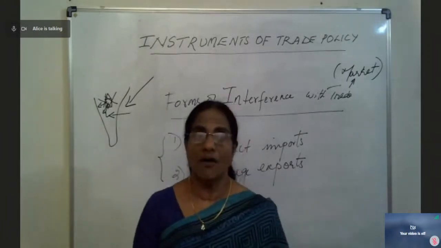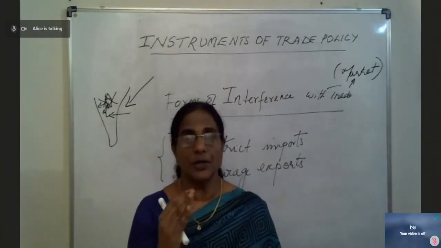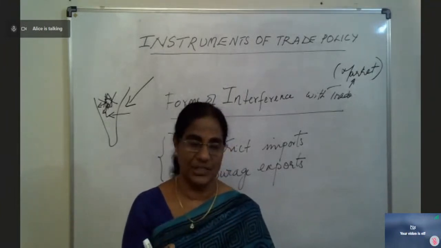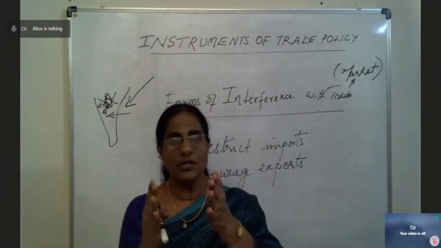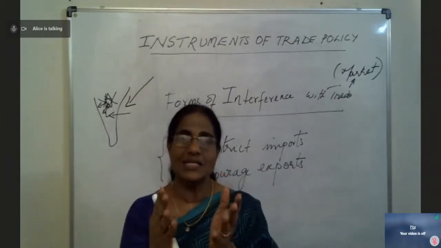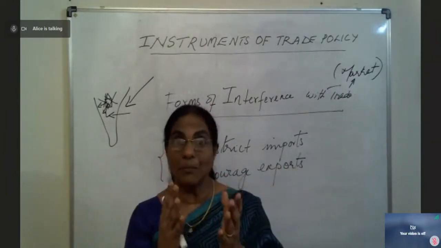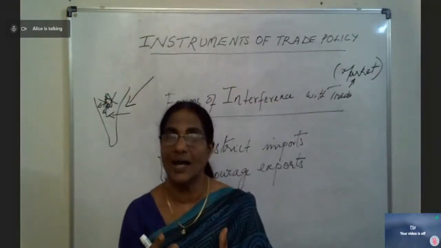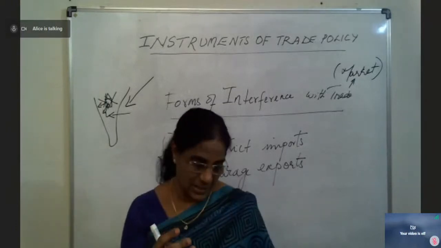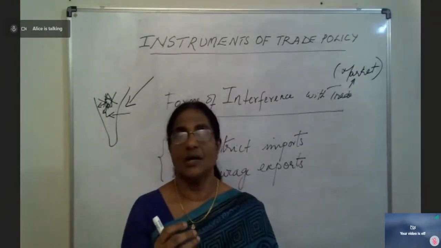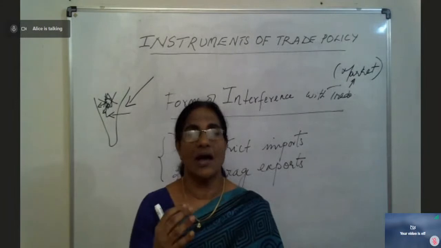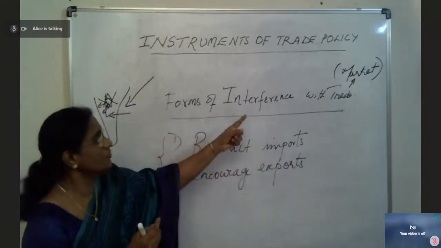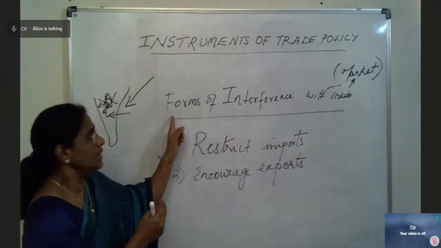And so governments try to protect the domestic industries from external competition, and government uses certain instruments, certain policies to protect, and these policies are known as trade policy instruments. Trade policy instruments are forms of interference with trade.